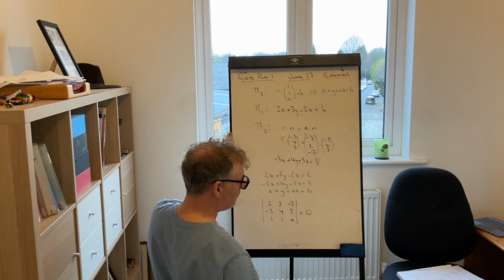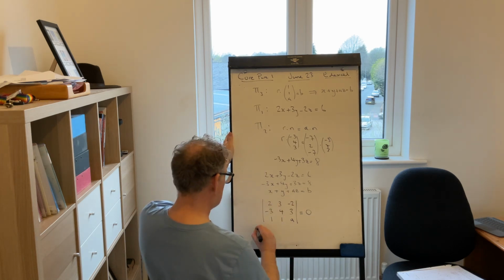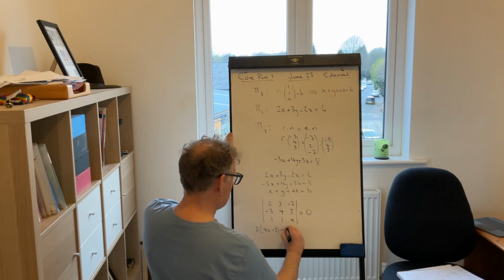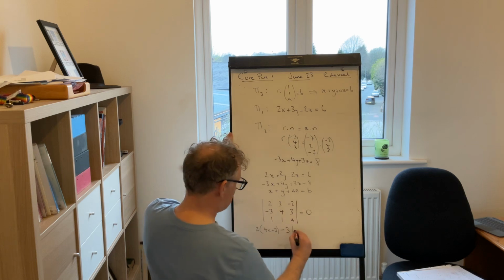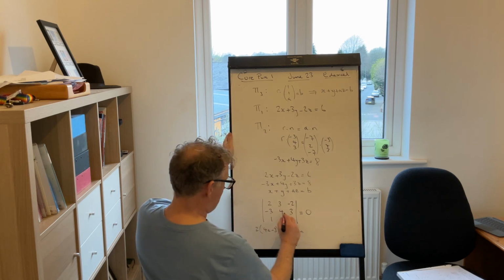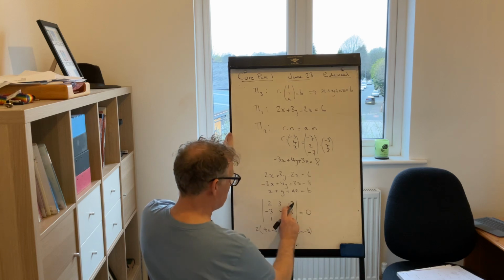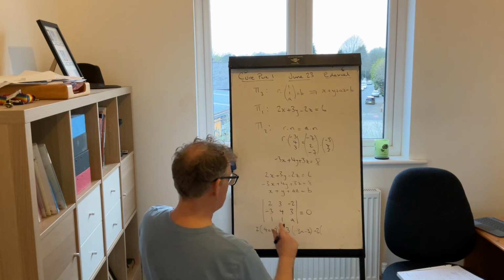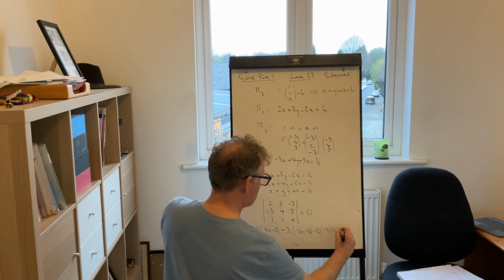So, working through that, we get 2 times (4a - 3), minus, don't forget the minus, 3 times, crossing those out, (-3a - 3), plus, that's -2, -2 times this last one, which is -3 take away -4, so it's -7, equals 0.